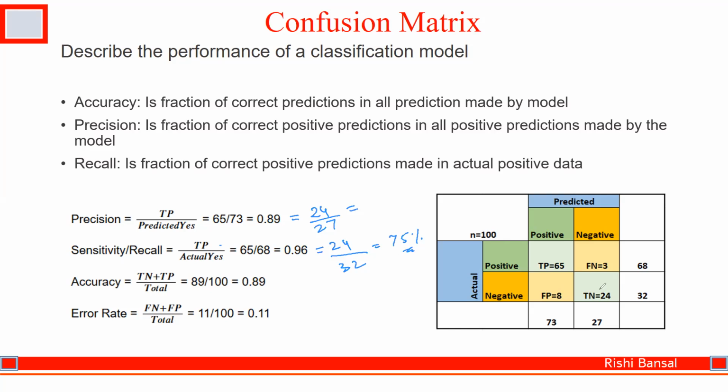Because here, wait a minute, what is sensitivity, right? Sensitivity is true positive divided by actual yes. And at that time it was 65 by 73 and you said 24 by 27.